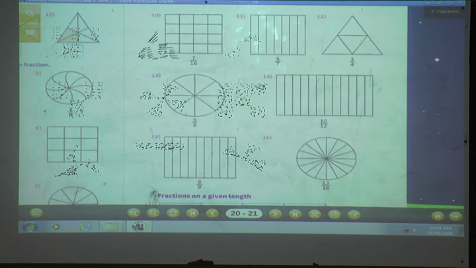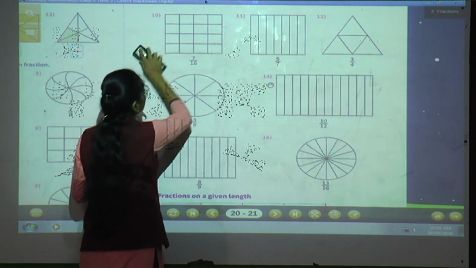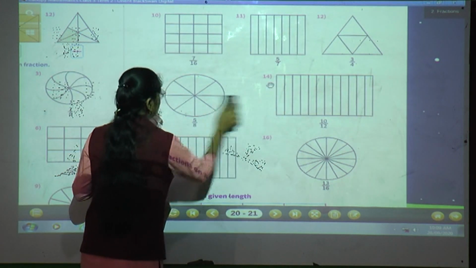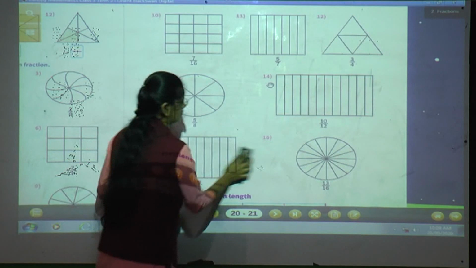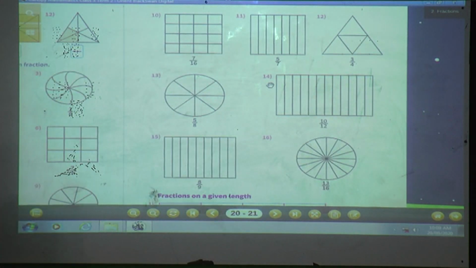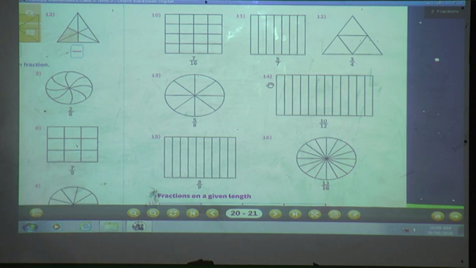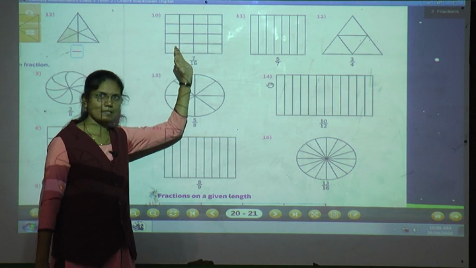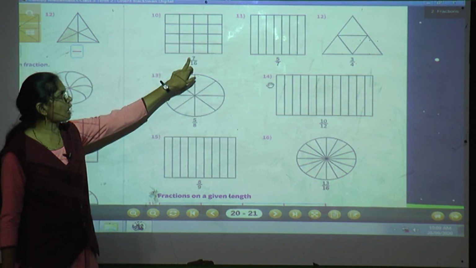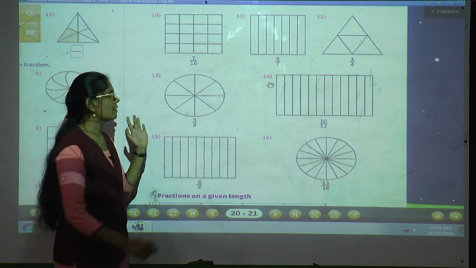Then here some more examples are there. See the 10th one. Here in the next example, what is the fraction? Fraction is 7 by 16 means here 16 equal parts are there. And out of that 16 how many parts you will color? 7 parts.